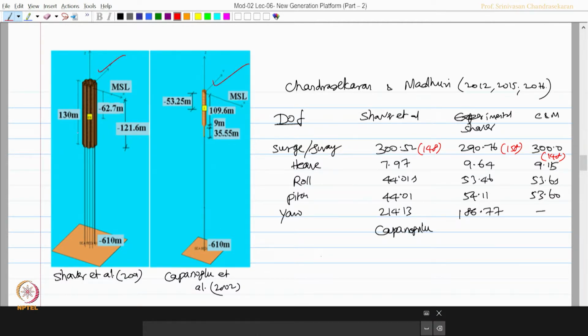It is a group of buoyant legs, whereas Kapanoglu identified only a single buoyant leg. In heave degree, this was 1.7 and no experimental value by Kapanoglu, and this value became 1.65.